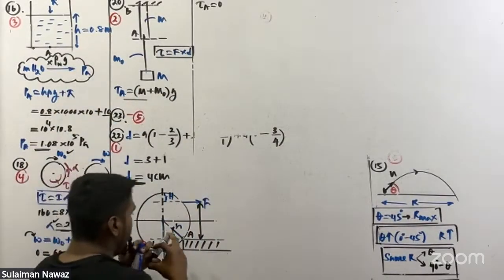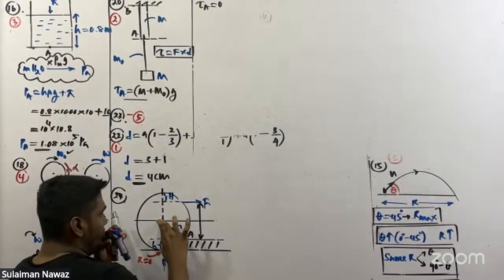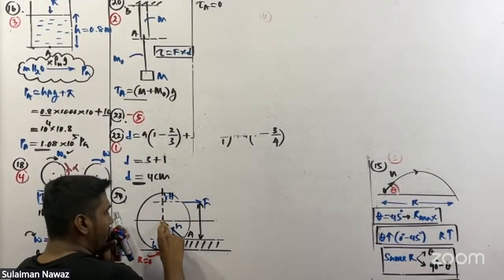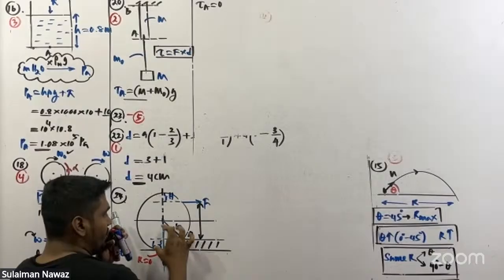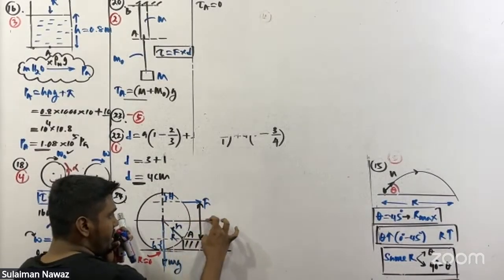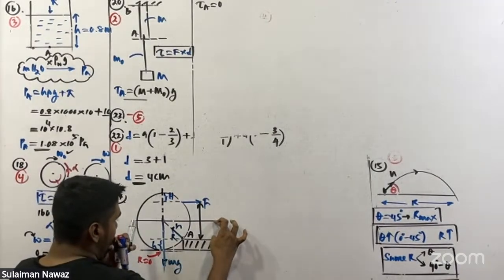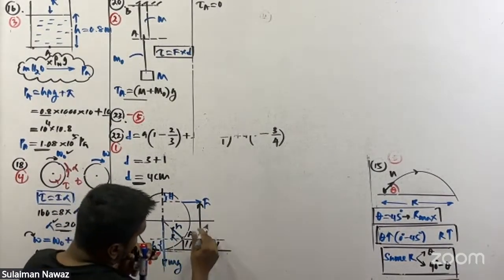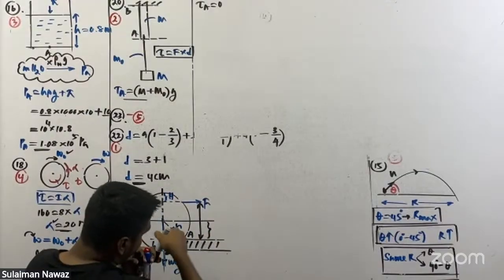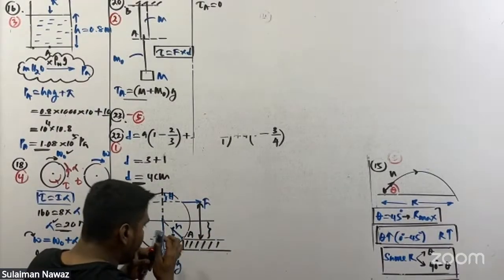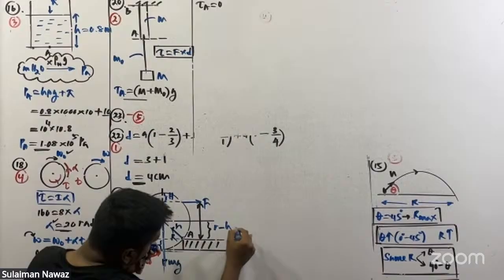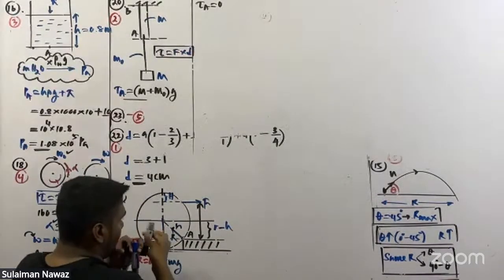Look here. Here to here is the radius, simple r. This gap is simple h, so this gap is going to be simple r minus simple h. Same story on this side.